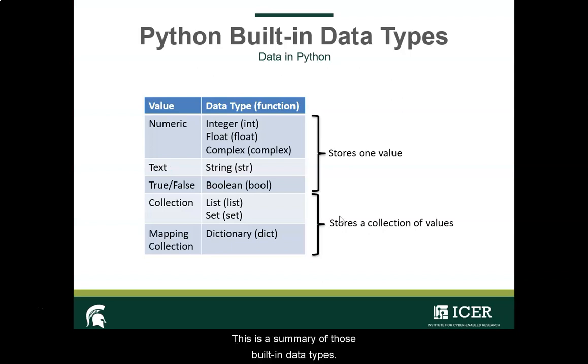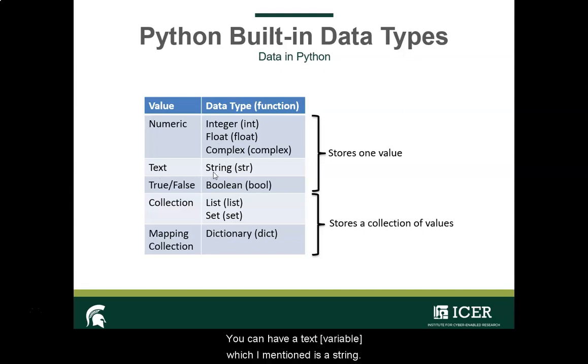This is a summary of those built-in data types. You can import data types, but we will discuss that later. Here you can have a numeric value, such as a 1 or a 2 or a -3. This can be an integer, a float, which is the same as a decimal, or a complex number that includes something like the imaginary number i.